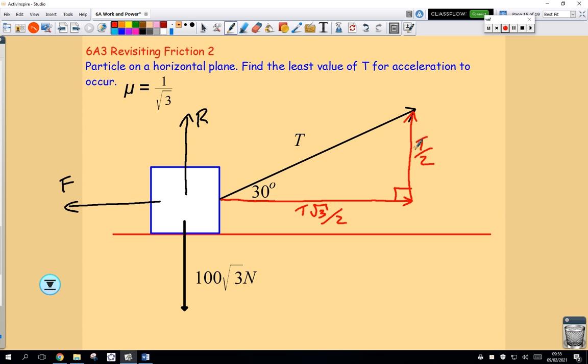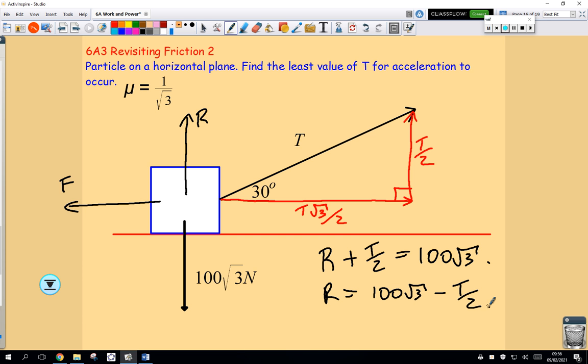So, a couple of things we're going to think about. Well, first of all, what is the normal reaction? Well, the normal reaction depends on the value of T, because the normal reaction plus T over 2 is going to equal 100 root 3. So the normal reaction is going to equal 100 root 3, subtract whatever T over 2 is.